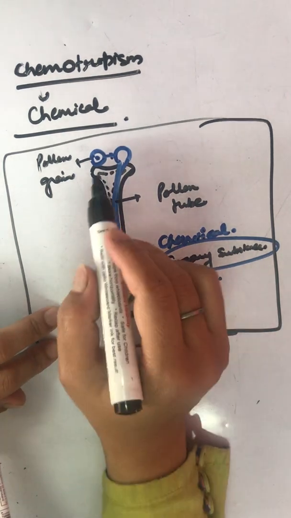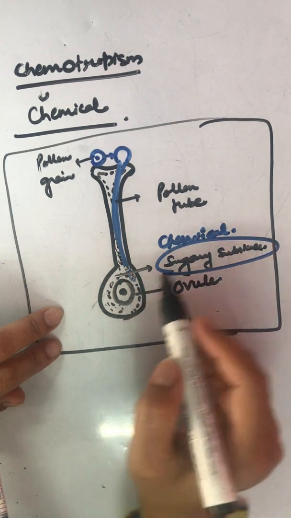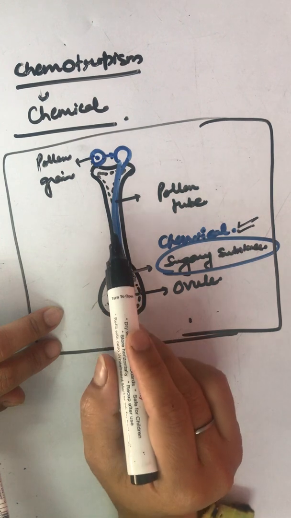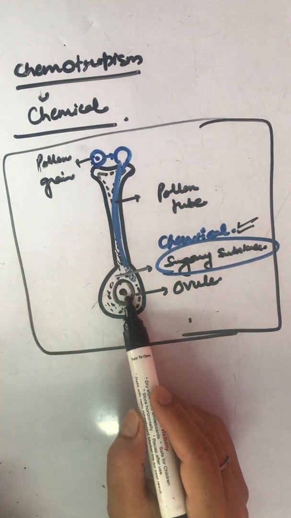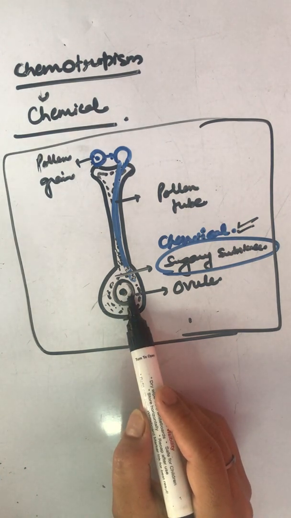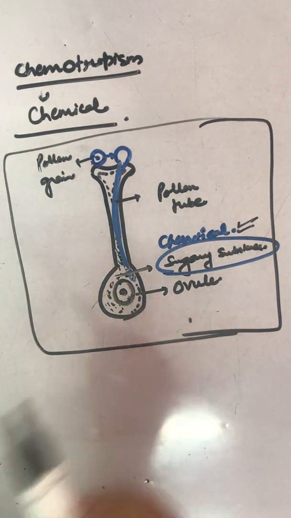So after pollination, fertilization will be achieved, and to ensure fertilization this chemical is required, which will allow the pollen grain to generate this pollen tube to gain entry into the ovarian region so that it can fertilize the ovule. This is called chemotropism. Now talking about hydrotropism.